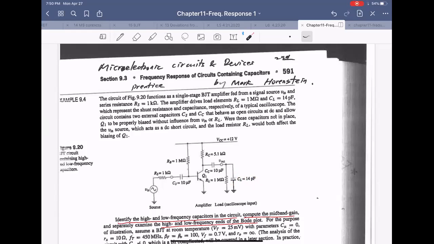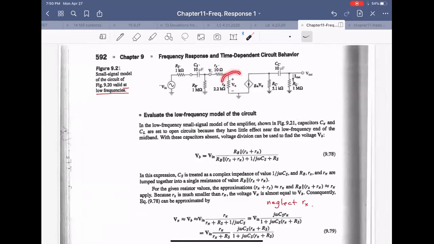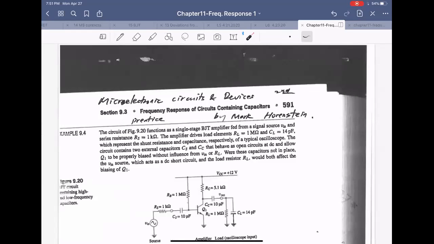So in the BJT equivalent circuit, the emitter immediately connects to the ground. On the base side, there's Rx, the base resistance, which we can actually ignore. Then we have RB, and CS, RS. RB is in parallel to ground, and CS, RS, then ground.